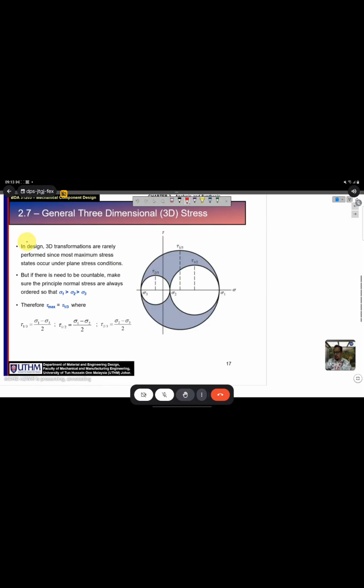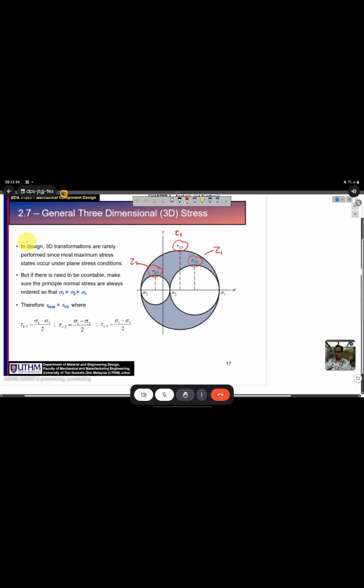But if you calculate in 3D, from sigma 1 and sigma 2 you will get your first tau max. This one is tau max number 1. And then for sigma 2 and sigma 3, you get another tau max, tau max number 2. And then from the bigger circle here, you will get the third one, which is tau max number 3.